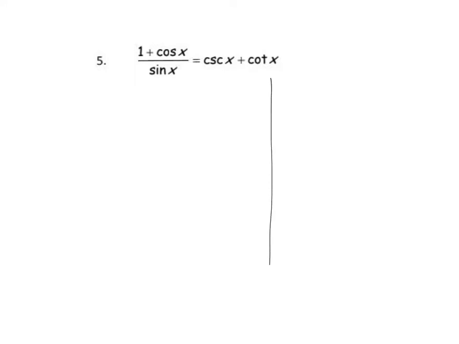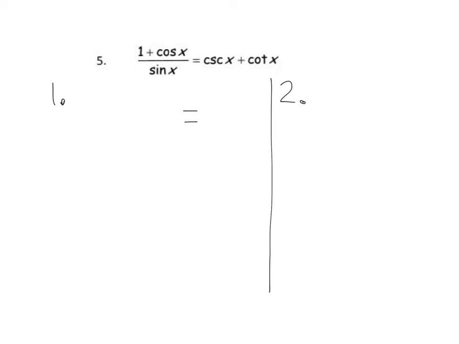Okay, next. What would be easier, taking one term and turning it into 2, or 2 terms turning into 1? I'm actually going to do this problem twice. First time, I'm going to do it working on the left-hand side. Second time, I'm going to do it working on the right-hand side. So on the left-hand side, I have one full term, and I want to split it into 2.